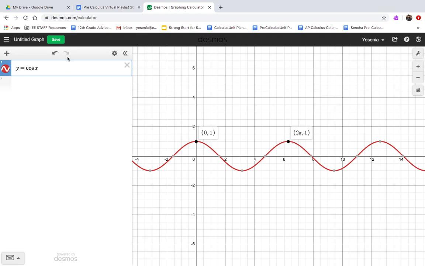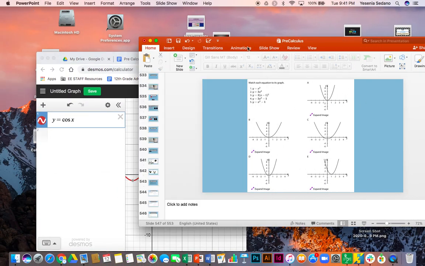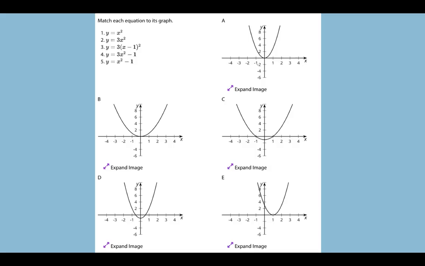So in order for us to do that, what I have for you is a bit of a review of a basic kind of matching. For example, these right here are transformations of a regular parabola function, y equals x squared.